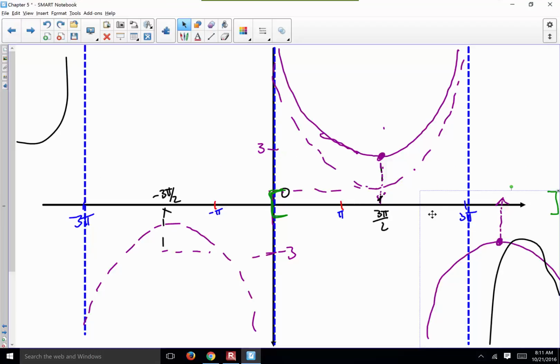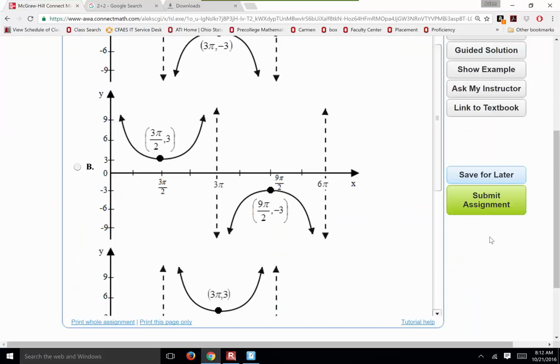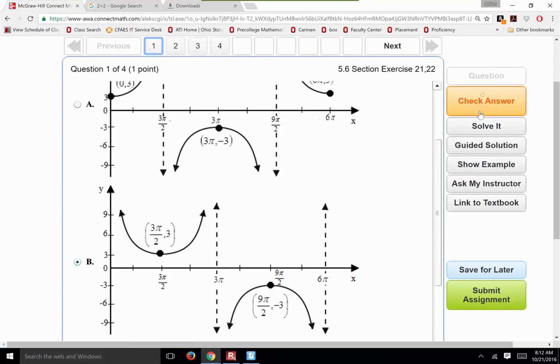Between 3 pi and 6 pi is 9 pi over 2, 3. How did I get it? I just added 3 pi and the next asymptote 6 pi and divided by 2 to get the mid value. Alright, that seems like B, the right answer.